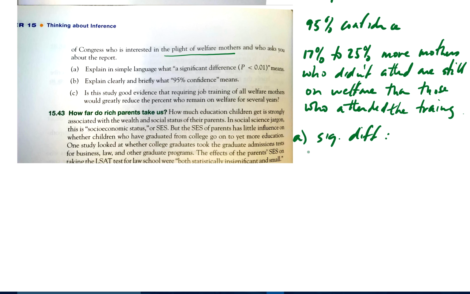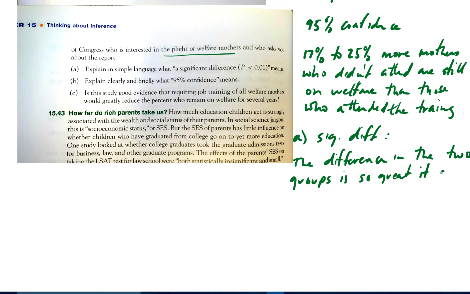What that means is the difference in the two groups is so great it couldn't have happened by chance.